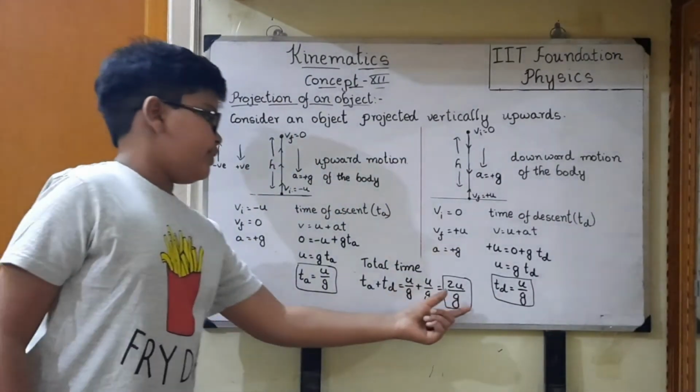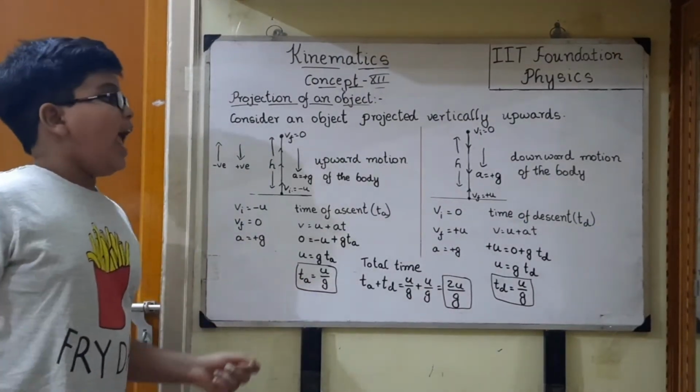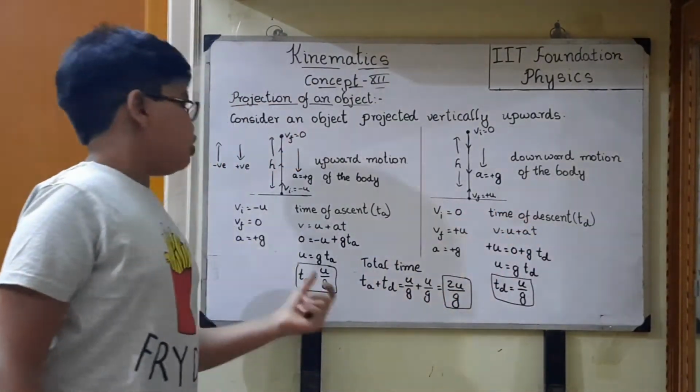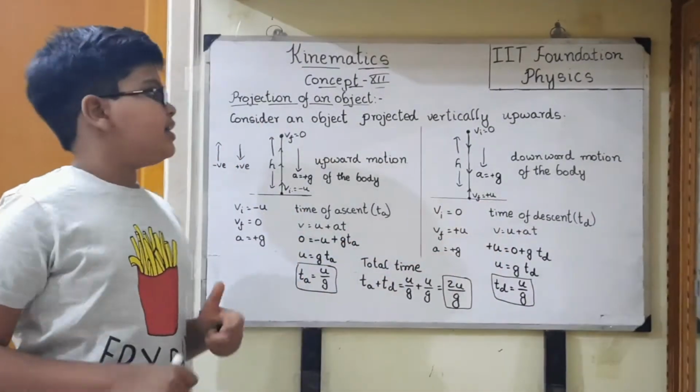Total time is equal to 2u by g, and time of ascent is equal to u by g, and time of descent is also equal to u by g, because the time of ascent and time of descent are the same.